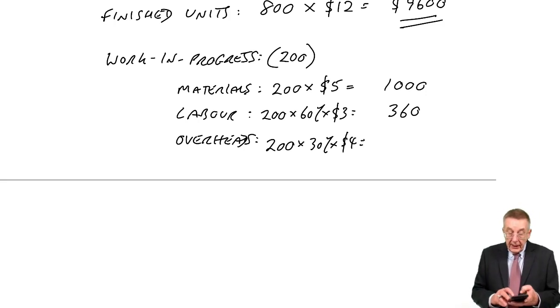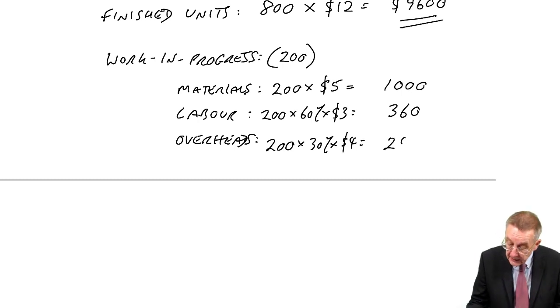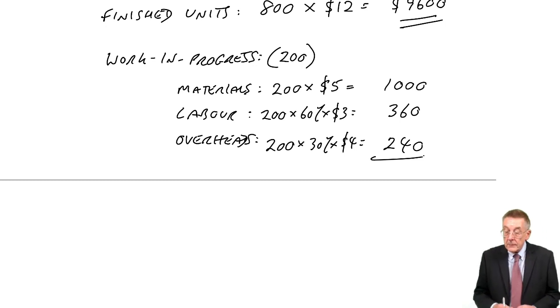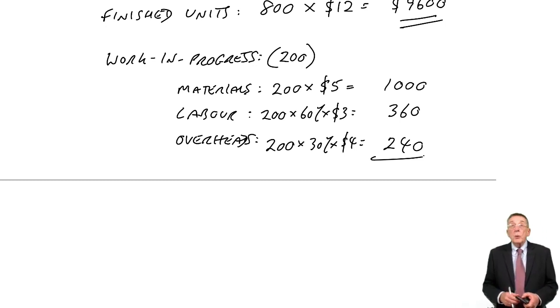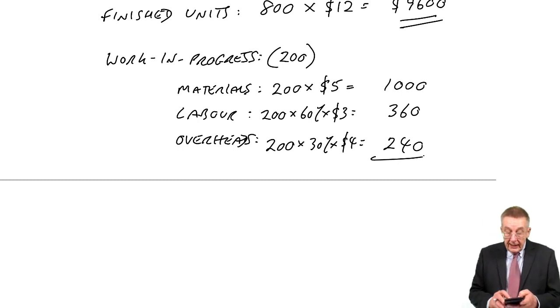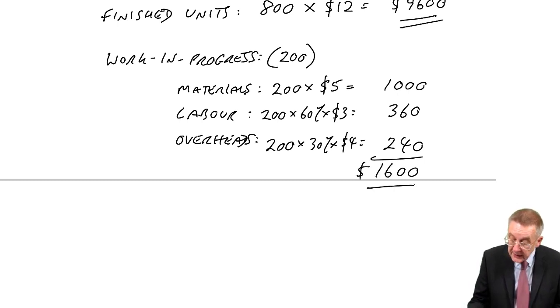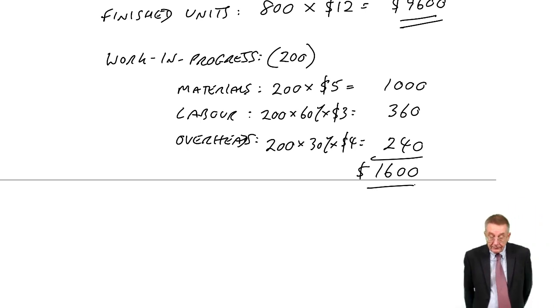And so 200, 30% of 4 is 240. And so what's the total value of the work in progress? 1,000 plus 360 plus 240. The work in progress will be valued at 1,600.